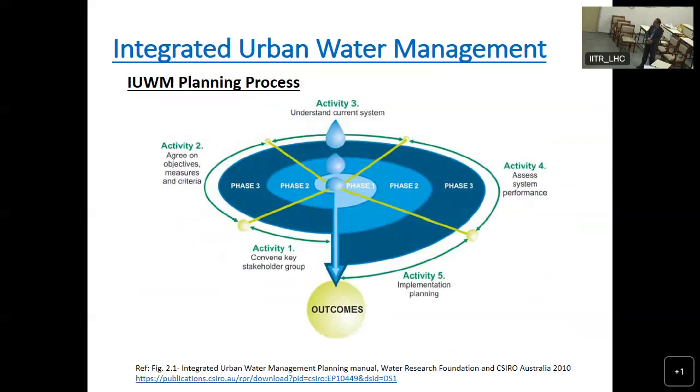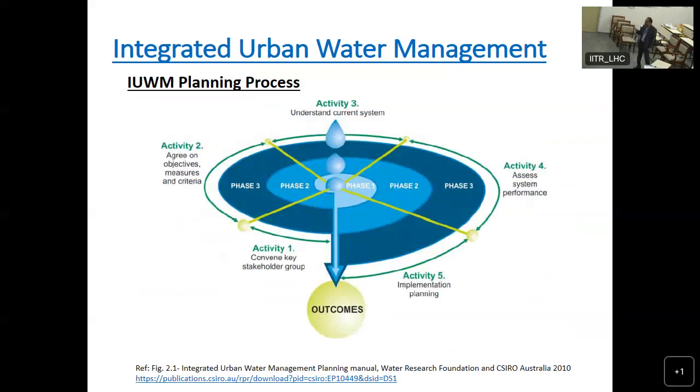The fourth is assess system performance. So once we have decided that these are the approaches or type of system we are going to provide, then we are considering, through different tools, which can be modeling tools, which can be assessment tools, how that system is going to perform.